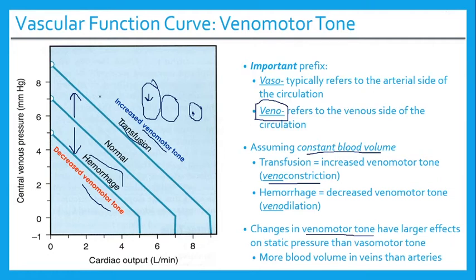And so, since we have more blood volume in the arteries and veins, this is ultimately going to affect this relationship between cardiac output and central venous pressure. Because once we start changing the size of our vessels, we're going to start to change blood flow. So if we increase venoconstriction, it behaves similar to a blood transfusion, increasing blood volume, and we're going to see an increase in static pressure within that vein.